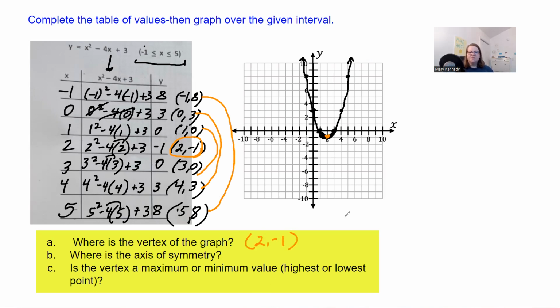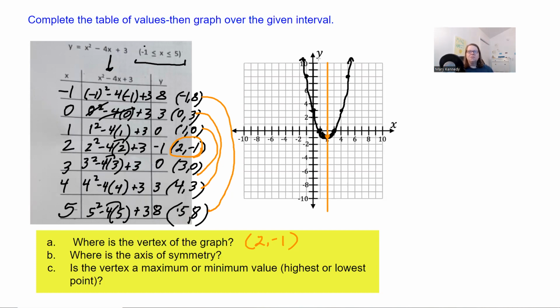Where is the axis of symmetry? That means simply, where are we seeing a nice fold? If we were on paper, where could we fold this graph and essentially have the same thing on the left and the right sides? Usually that's shown with a dashed line, but to give you a nice clean line, I'm giving you a solid one there.